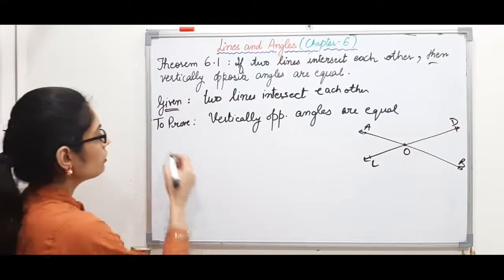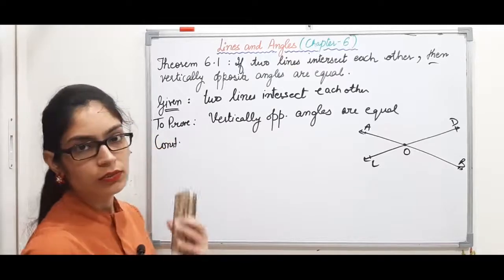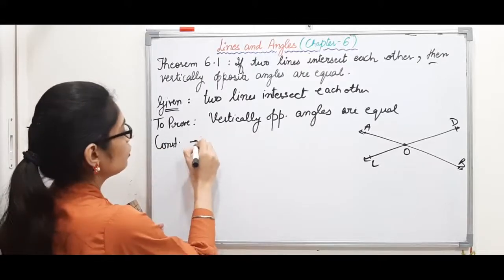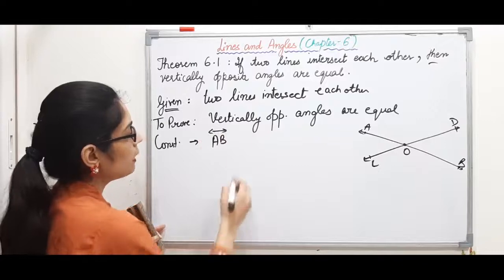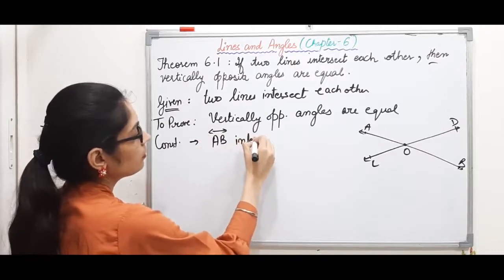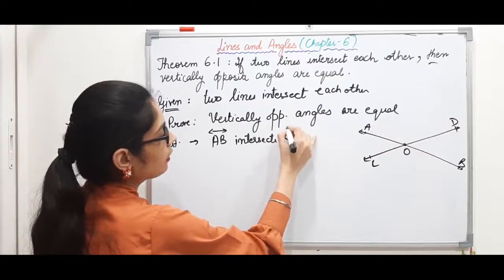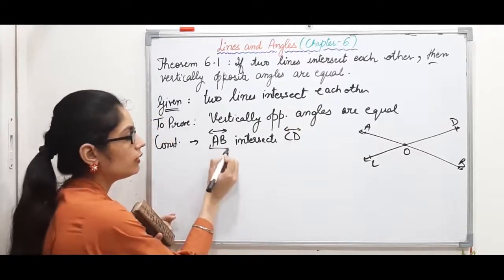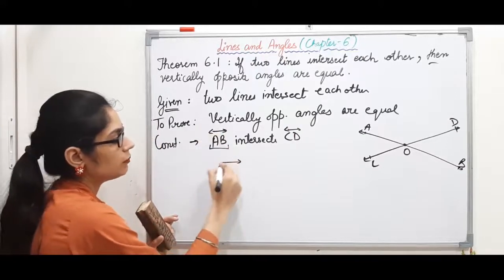You can mention this as the construction, because we are doing a construction. Construction: AB intersects CD. This is the way you have to write a line: just above the name, you have to put this symbol.